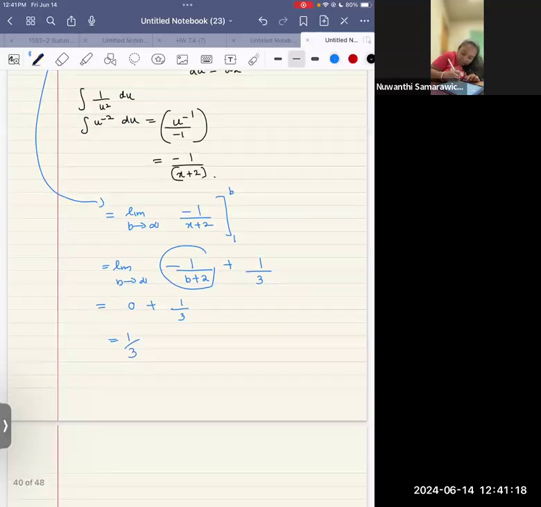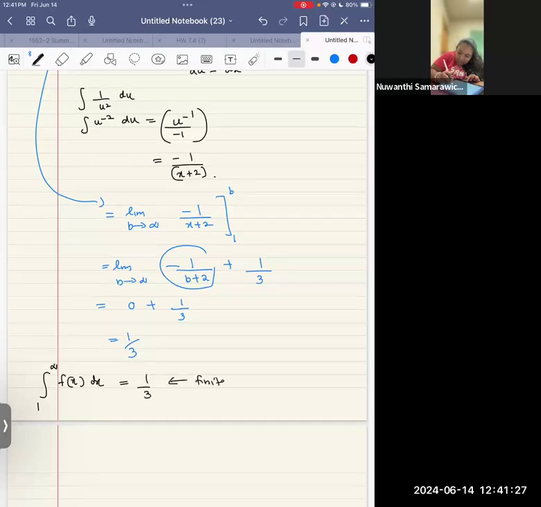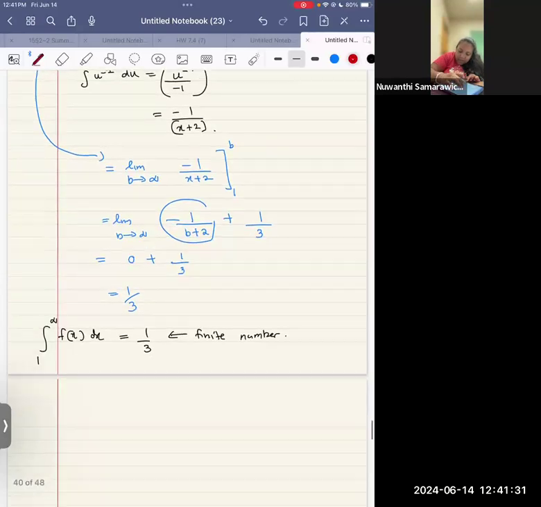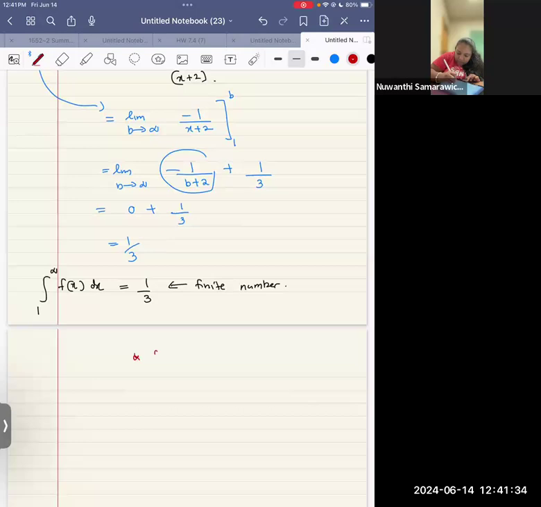So what we found is the integral from 1 to infinity is a finite number. Then we can say our series is convergent. What was our series? Our series was the sum of 1 over (n plus 2) squared.